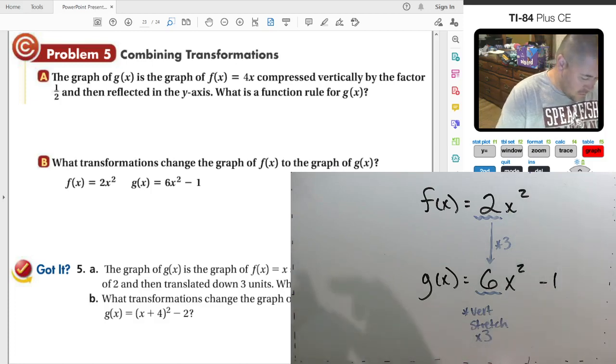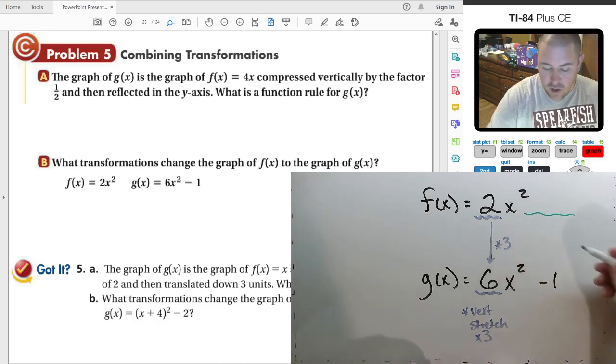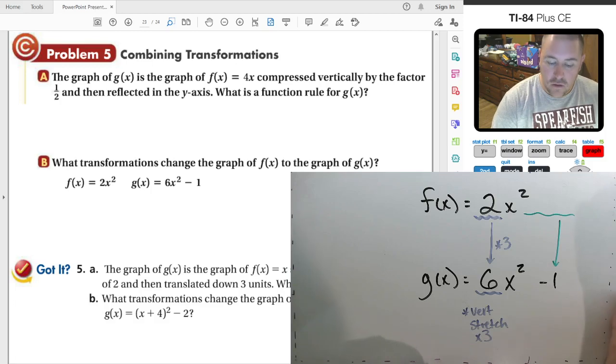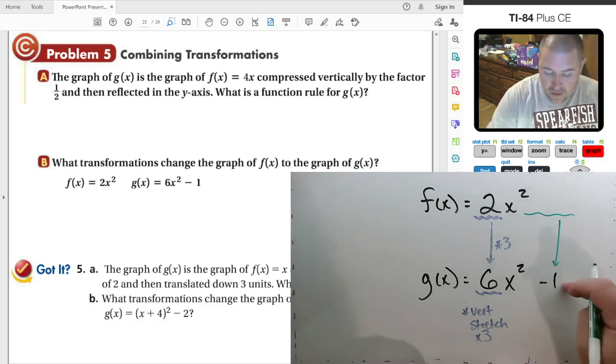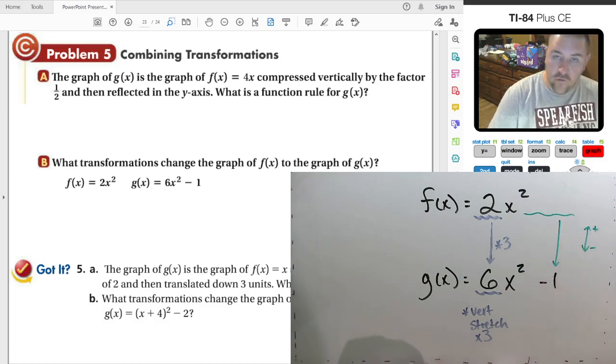I also had nothing out here in the K spot, and now I have a -1 there. So I go back to my notes, and the K spot is vertical translations, either up or down, positive, negative.